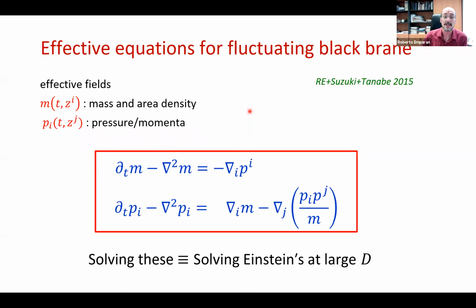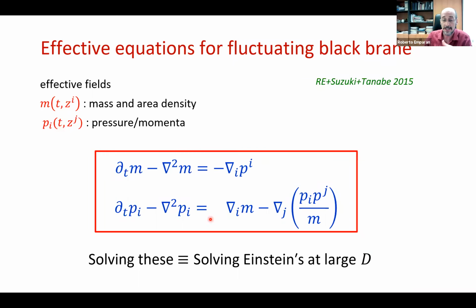Okay, so what I'm saying is that if you solve these equations for these fields, then you can reconstruct a metric, and the reconstruction of the metric is very explicit because we obtain this from an ansatz for the metric.